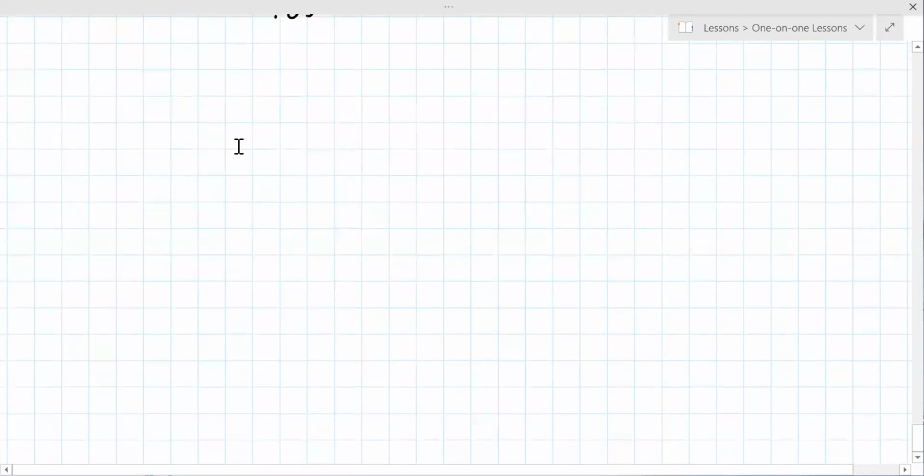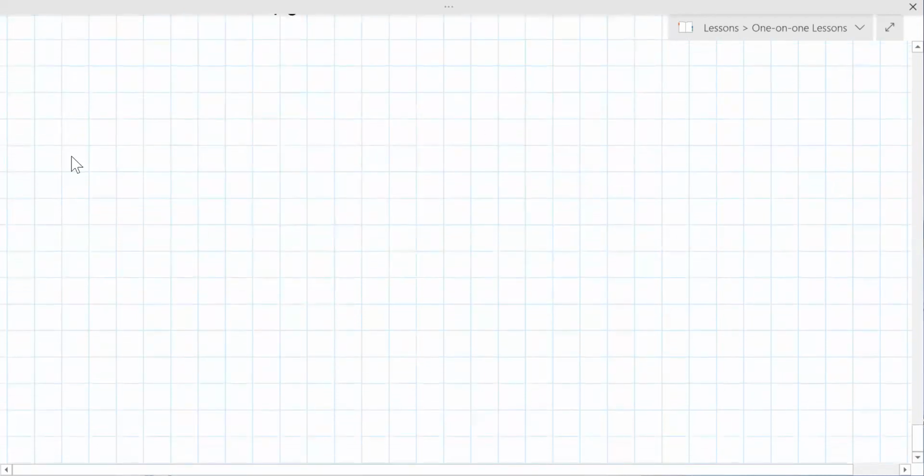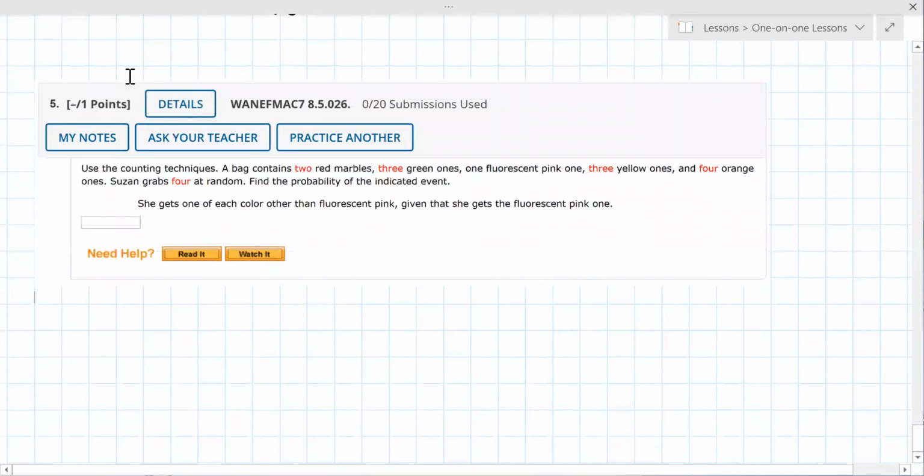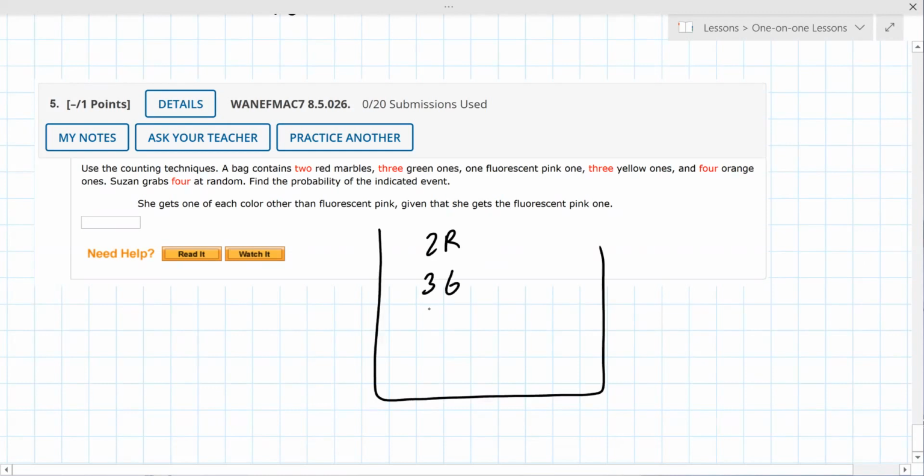This will help to solidify what we did in the last section, I think. All right, so the bag contains 2 red, 3 green, 3 yellow, 4 orange. So there are 12 total. That's always important to get down correct.